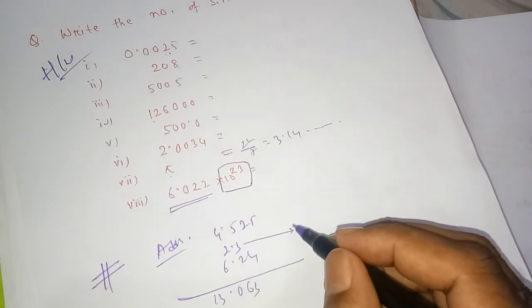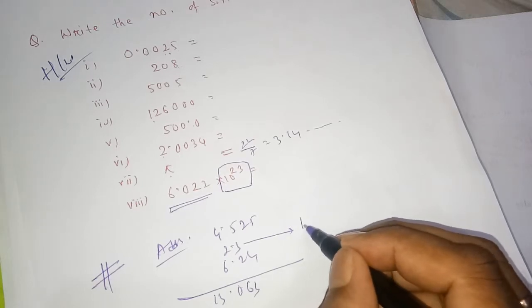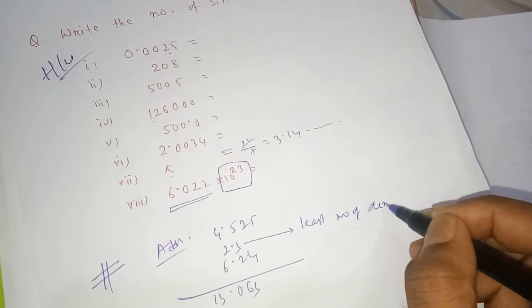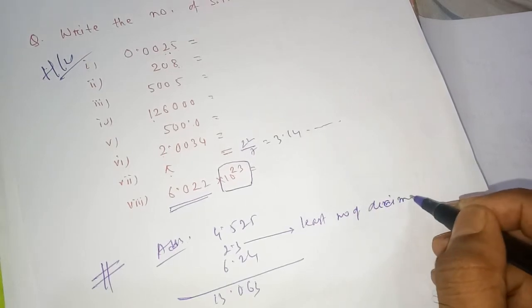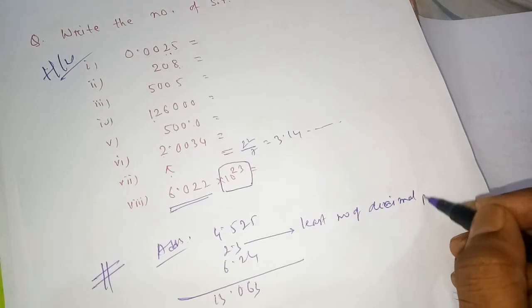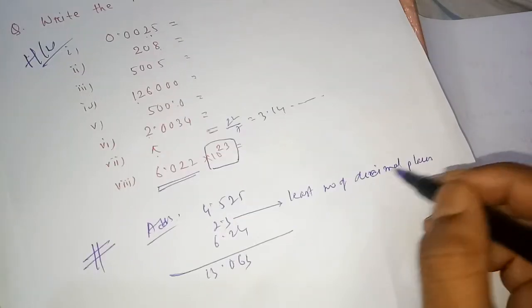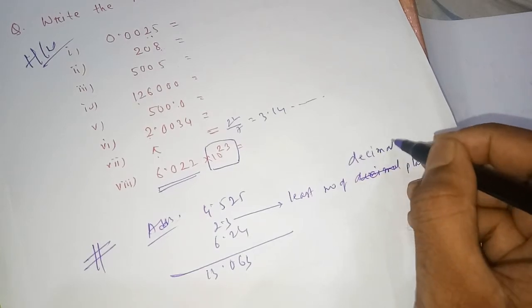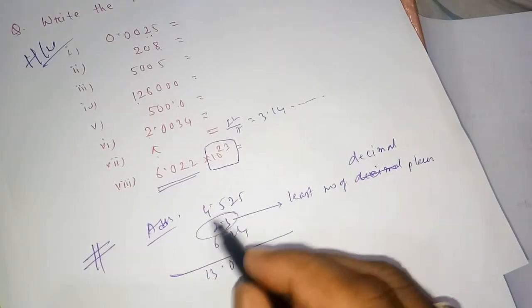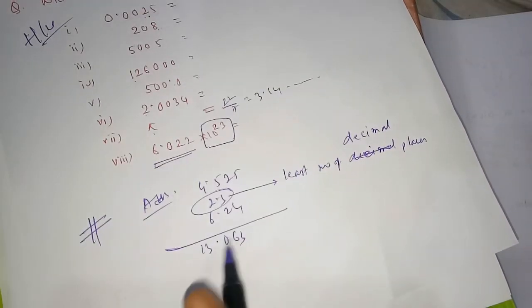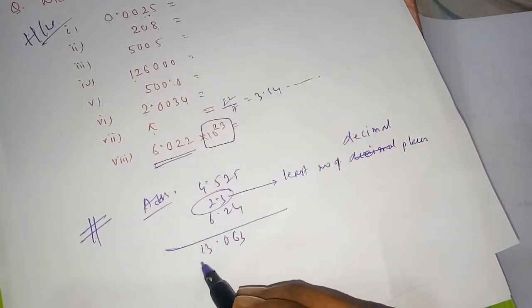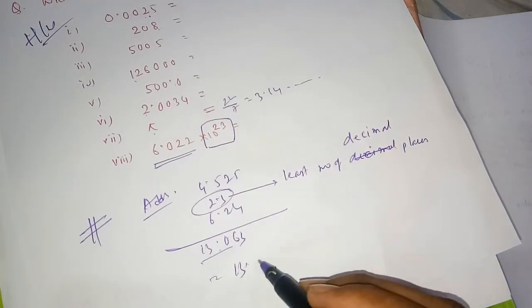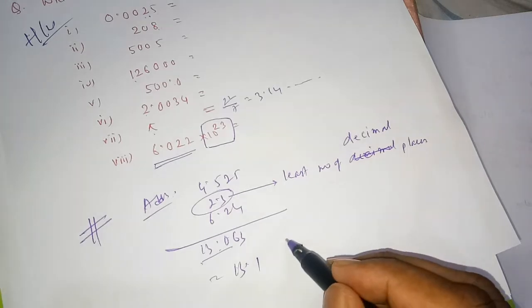Now we go by the least number of decimal places. This one, after the point, has 1 place. So when you report your answer, you have to report up to this place. So that 6 becomes 1 and you take it. So this is your answer.